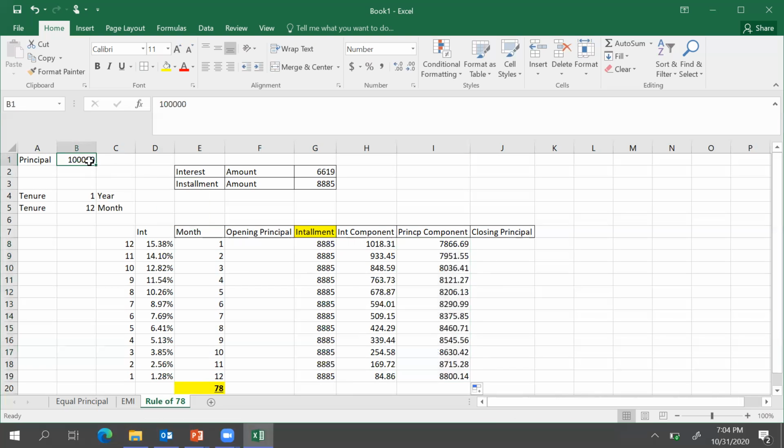Now we will take the opening principal. The closing principal will be the opening principal minus the principal component that has been recovered in this particular installment.